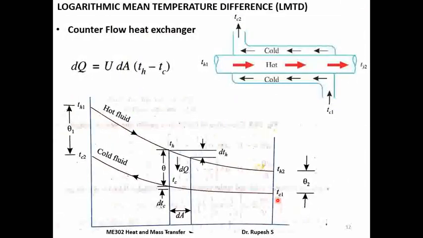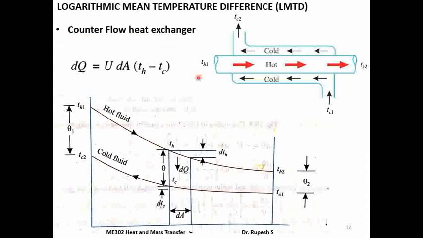Similarly, if we consider the case of a counterflow heat exchanger, we have this temperature profile. Consider an elemental section of the heat exchanger where the fluid temperature is TH for the hot fluid and TC for the cold fluid. Then you can write the heat transfer through the elemental section as dQ = U dA (TH − TC).